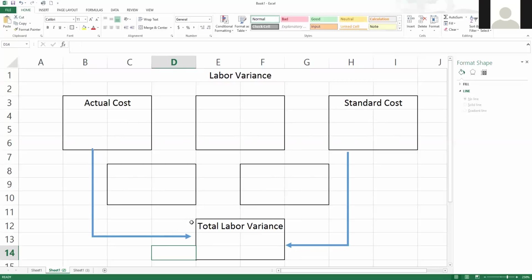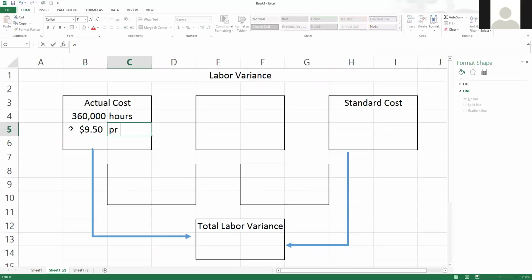So if we turn the page to look at exercise 32, they produced bicycles. During the year, 660,000 wheels were produced. Sorry, they produced wheels for bicycles. The actual labor was 360,000 hours. I'm just filling in as they start telling me things. That's the hours, and we paid the people $9.50 per hour.